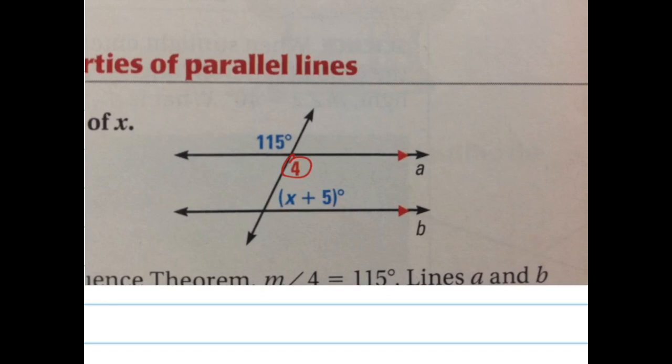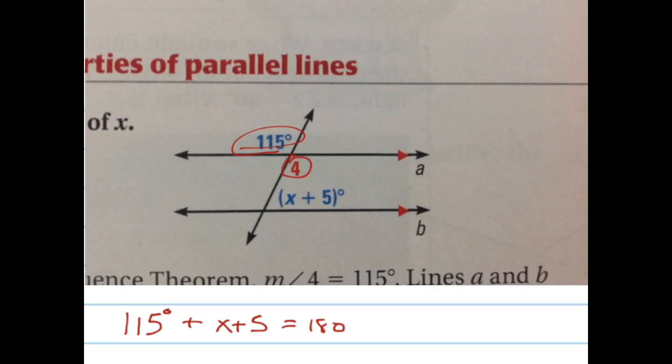Now, what about 4 and 115? Do we know anything about them? They're vertical angles, so what do we know, T? That 4 is 115 degrees. So we said that the measure of angle 4 plus the x plus 5 has to equal 180. So we can replace the measure of angle 4 with 115 because it has to match the 115 degree angle, since they are vertical angles.